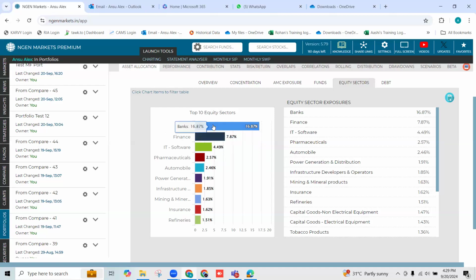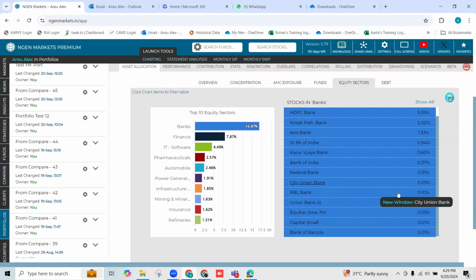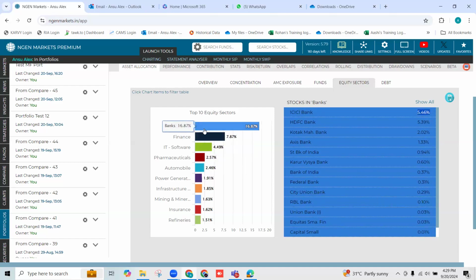Now, within these sectors, which stocks have exposures is something that we also show. You could click on this bar graph. Once you click on that, on the right, you could see all the stocks that have an exposure in this portfolio. And the extent of the exposure is also something that we show. This could be seen for the top 10 equity sectors as well.